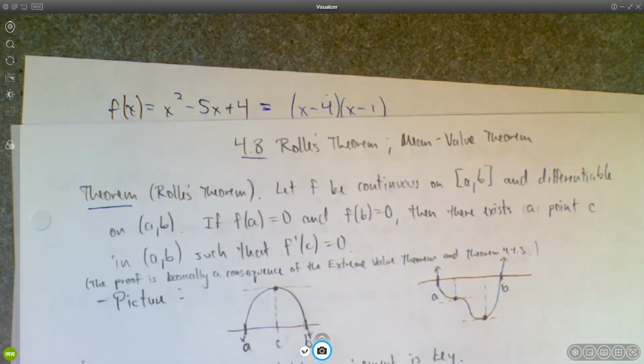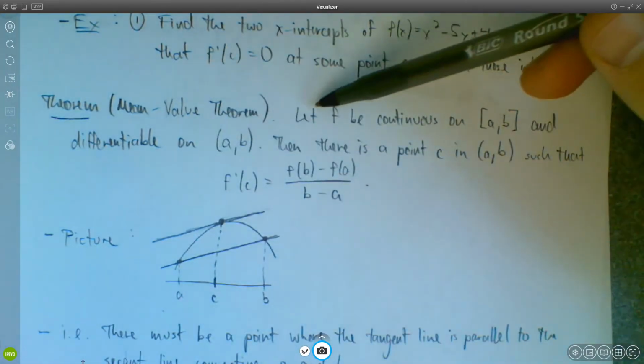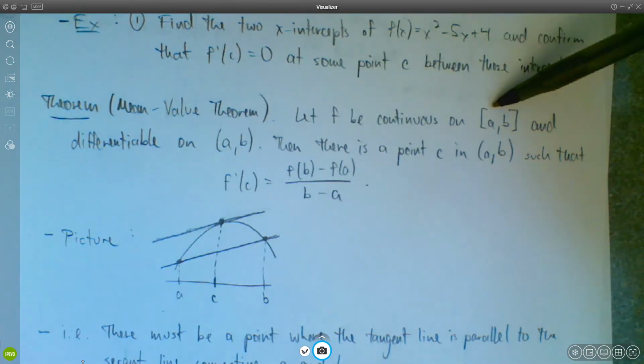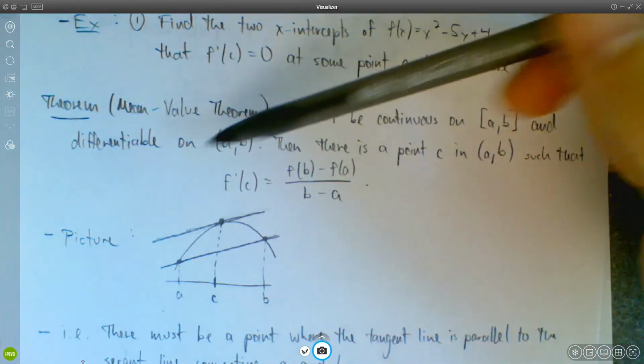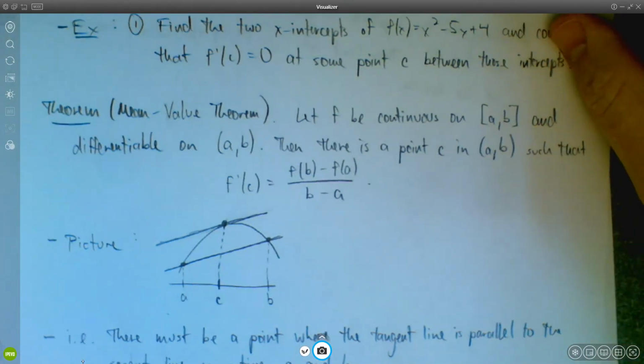Okay, so Rolle's theorem. Now we're going to use Rolle's theorem to prove the mean value theorem. And here's what the mean value theorem says. It says let f be a continuous function on the closed interval from a to b, and let it be differentiable on the open interval from a to b. So same conditions as Rolle's theorem so far.